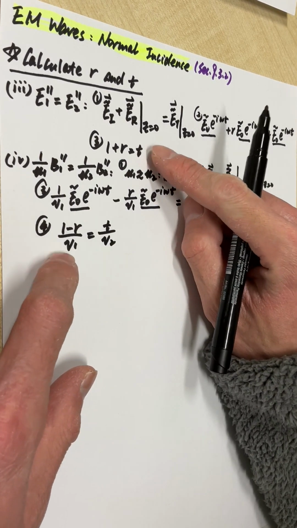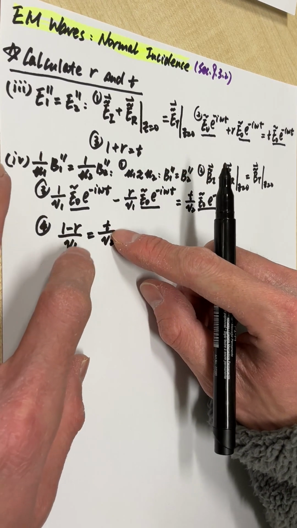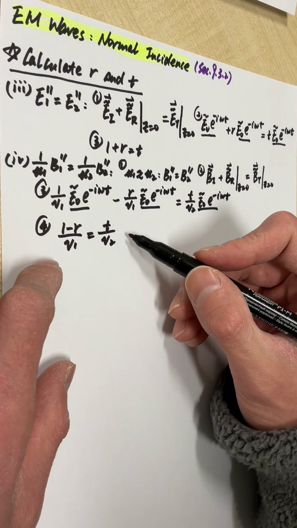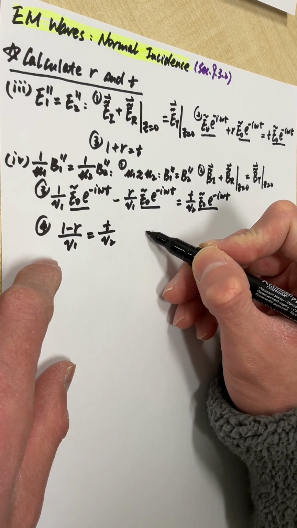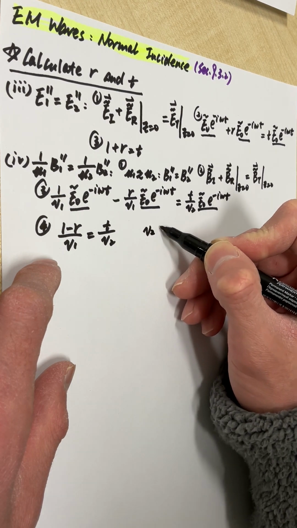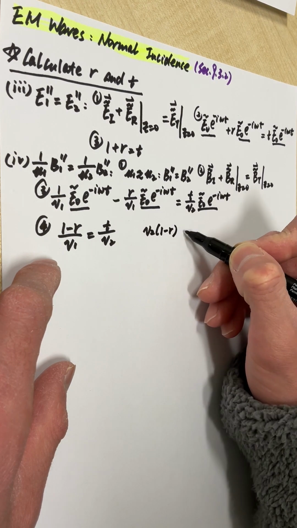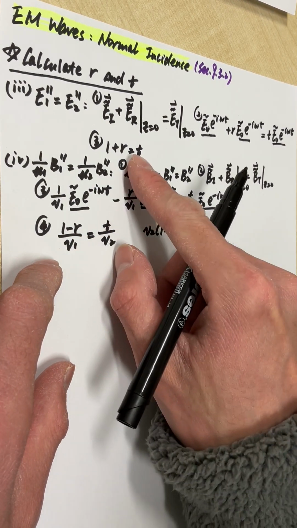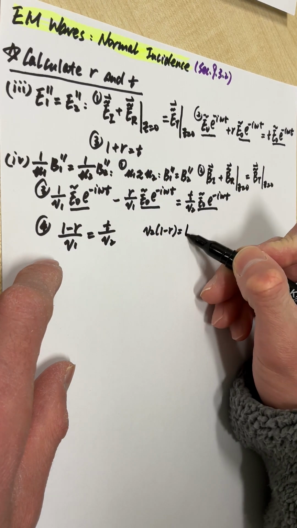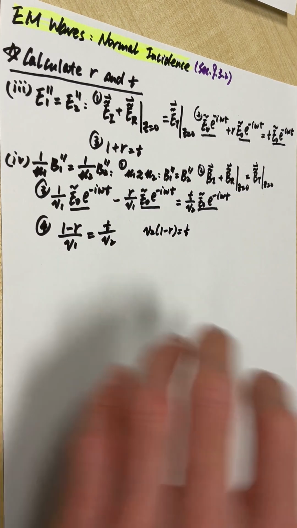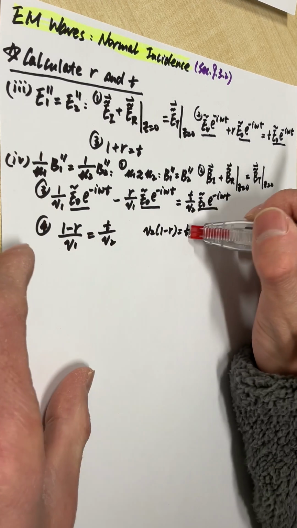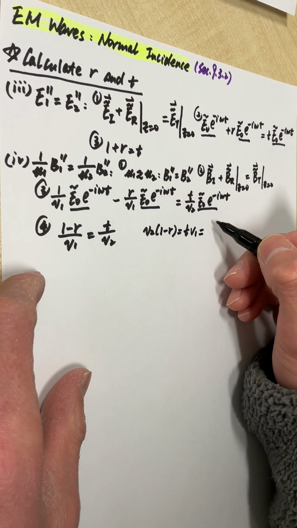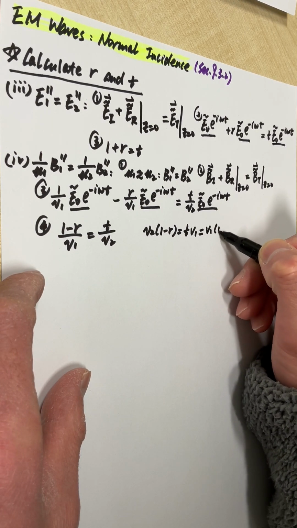Now we have two equations to solve for two variables. V1 and V2 are parameters of the medium. Based on this, V2 multiplied by (1 minus R) equals V1 T. What is T? T is 1 plus R. So V2 (1 minus R) equals V1 (1 plus R).